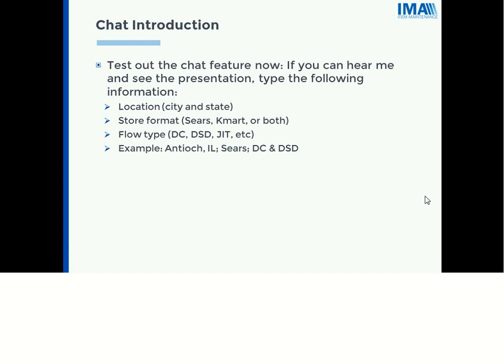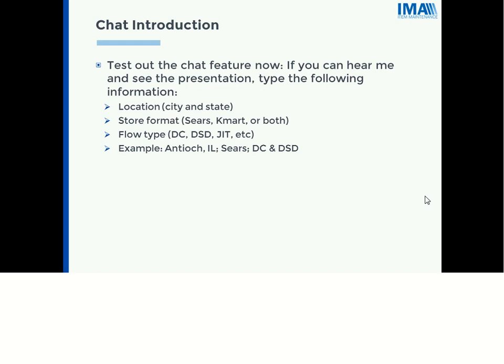To get started, I would like for you to test out the chat feature. If you can hear me and you can see the presentation, one second. If you could please put your phone or your mic on mute, that would be great. There was quite a bit of background noise there.